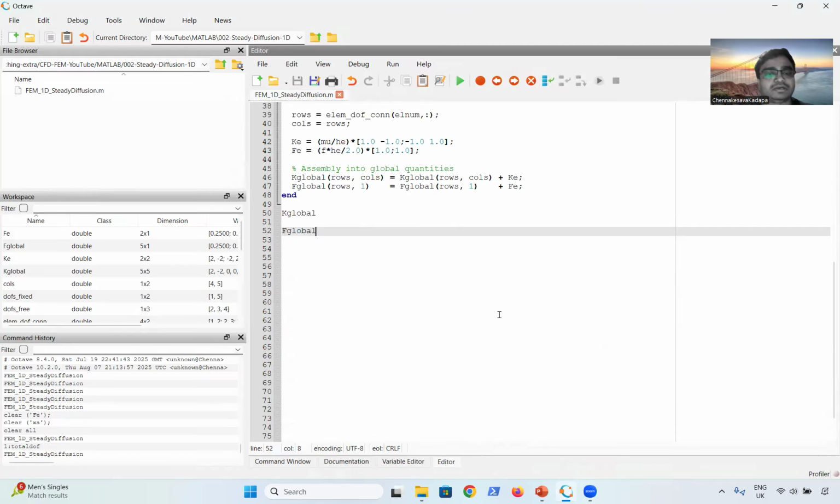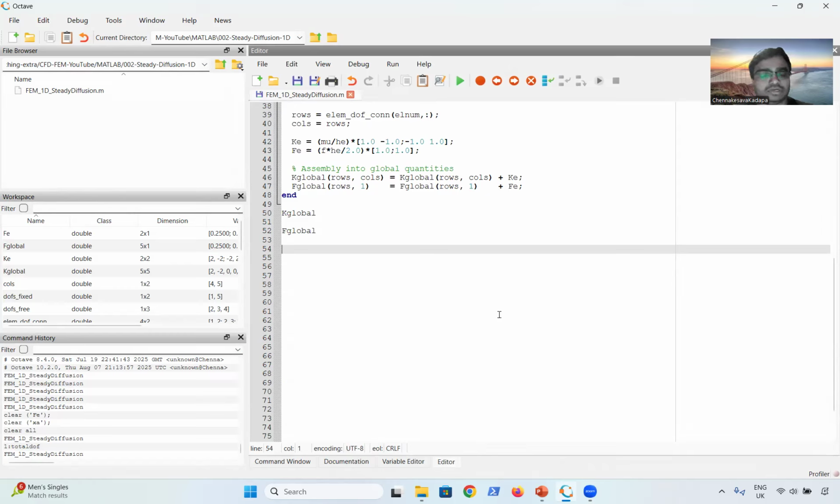Next, we apply the boundary condition and solve for the unknowns. We don't need to create any temporary variables. We are solving for the unknown degrees of freedom, and the solution we get we place in the solution vector at those corresponding degrees of freedom. So we extract the rows and columns corresponding to free degrees of freedom and solve the corresponding matrix system.